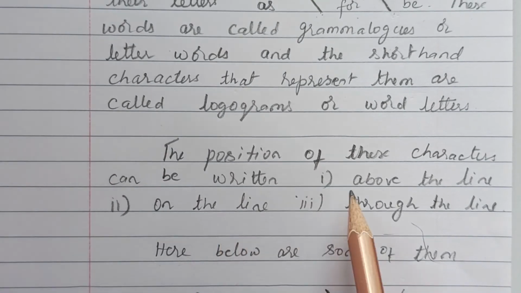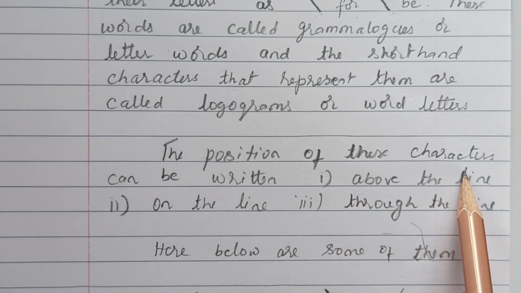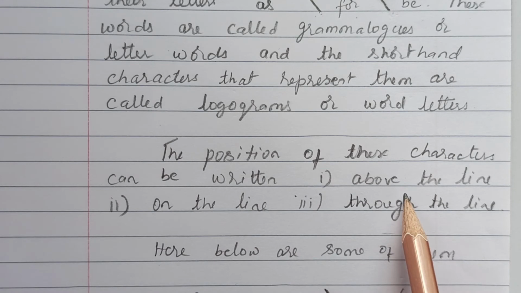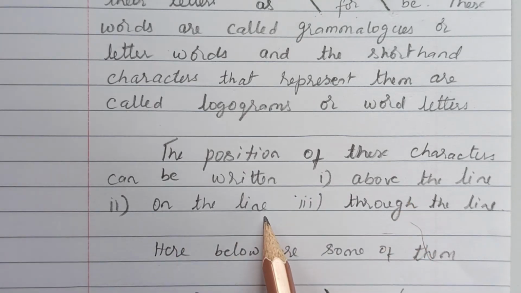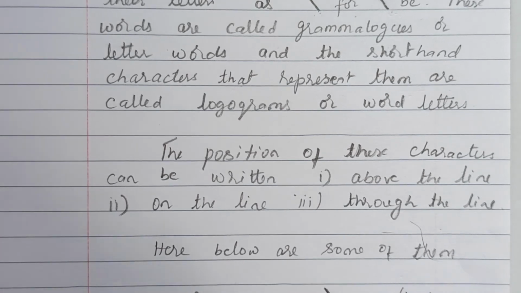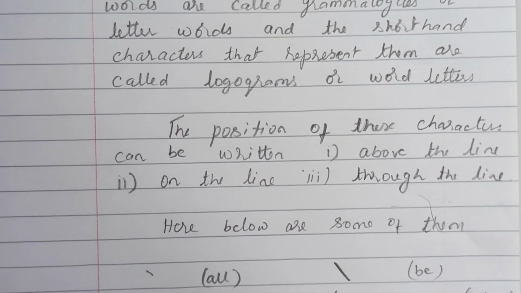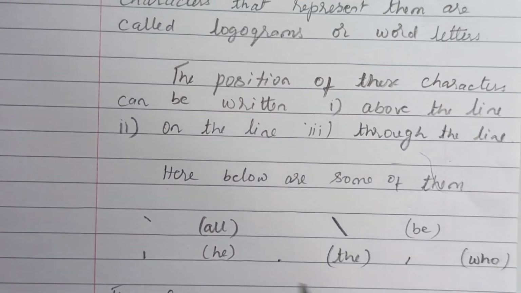Again, the position of these characters is written above the line, on the line, and through the line. And here we'll study some of these grammalogues. As we have memorized all the consonants, the same way we have to memorize grammalogues also. And there is no shortcut for grammalogues. So here some of the grammalogues are given.